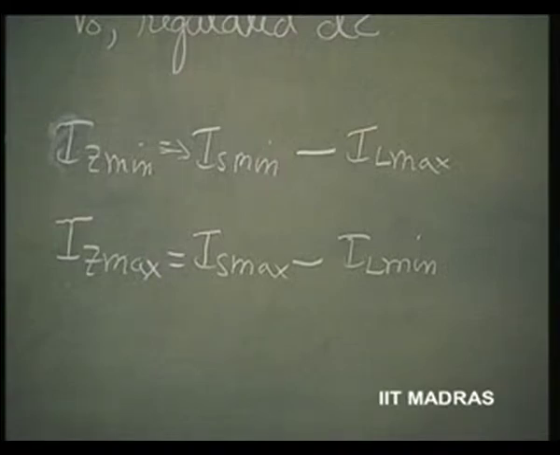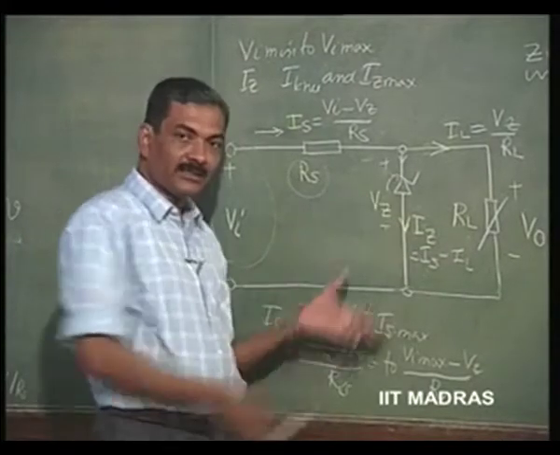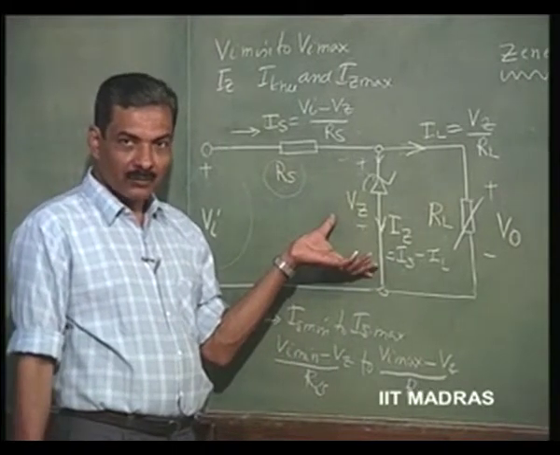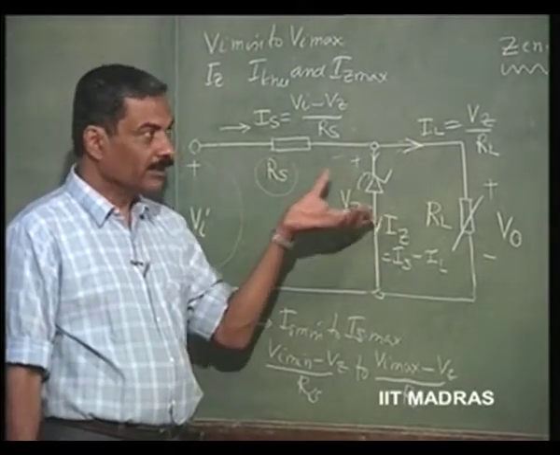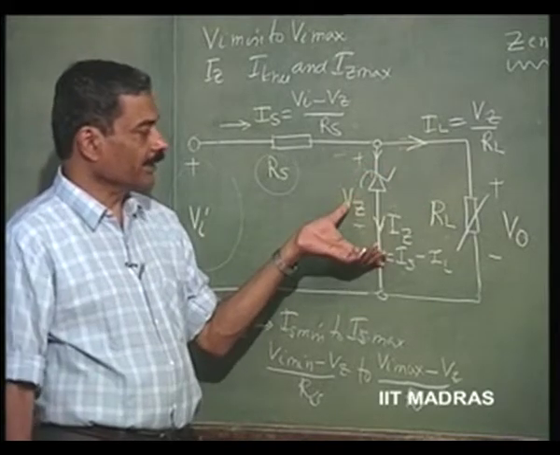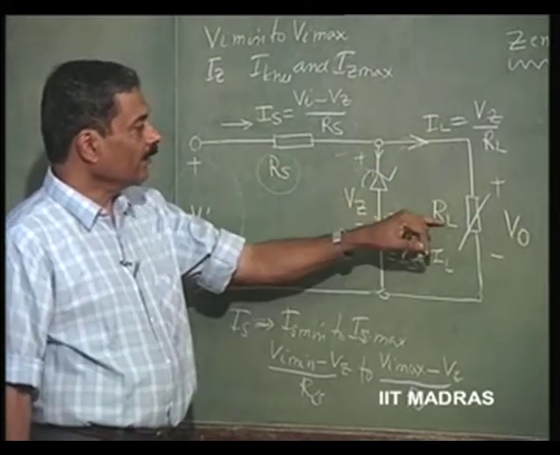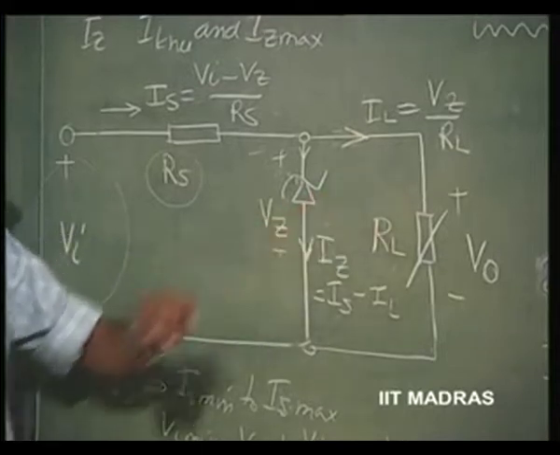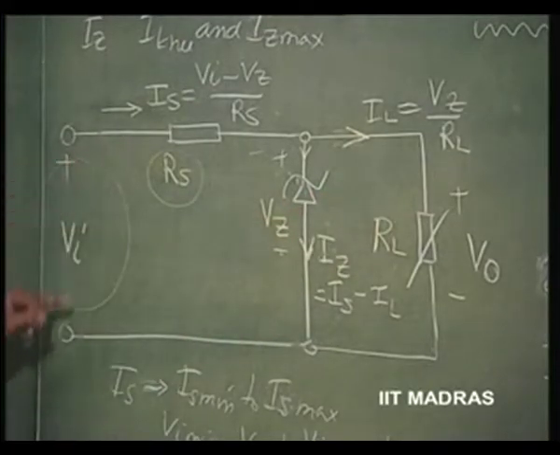That means, what do I have to select? R L is not under your control. V Z is the specified voltage to be regulated, so it is a regulated DC voltage, and it is fixed. R L minimum and R L maximum are known to you, and V I minimum and V I maximum are known to you.